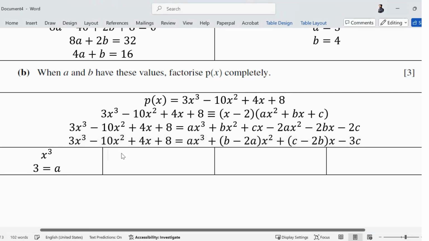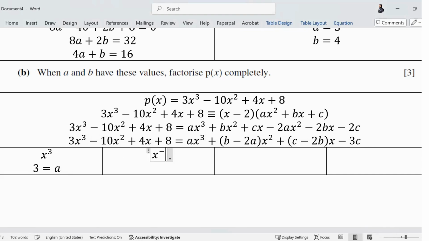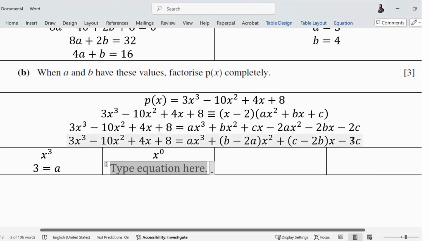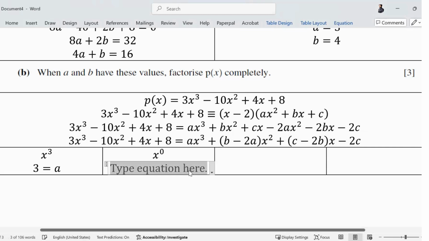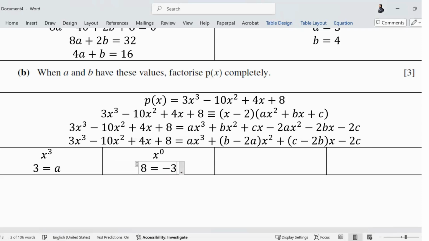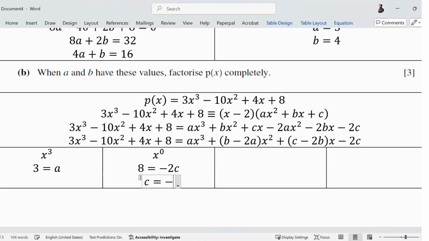What if I compare the term independent of x? There is no x here. What is on the left? This has to be 2c. Isn't this independent of x? This is 8. On the right, it will be negative 2c. So the value of c is negative 4.